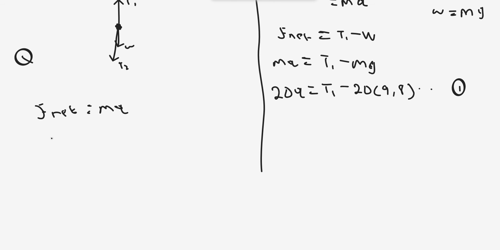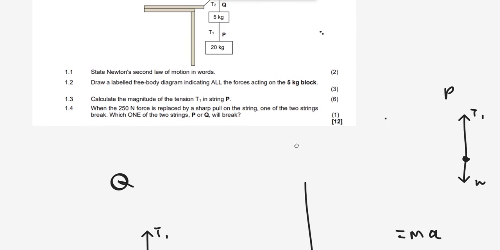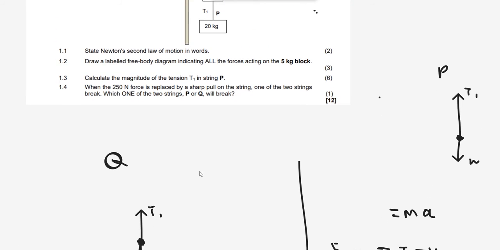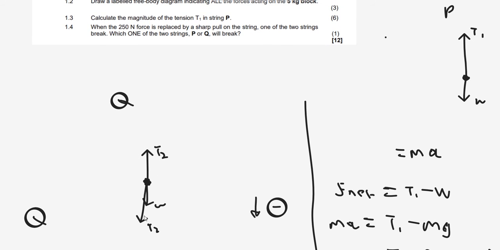Remember we said downwards is negative, meaning T2 is positive. Here it's T2, not T1, in that diagram, and T1 now is acting downward, since we are dealing with object Q.